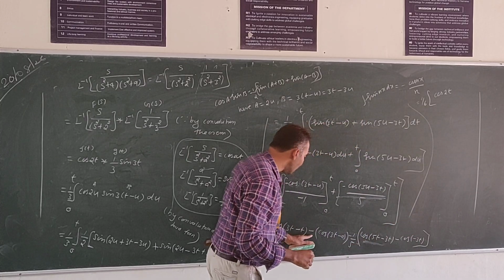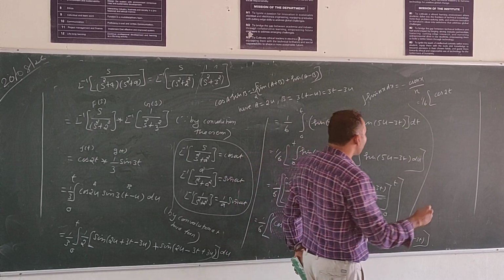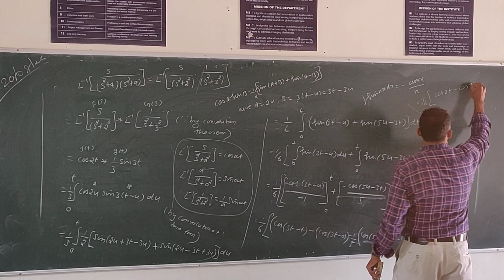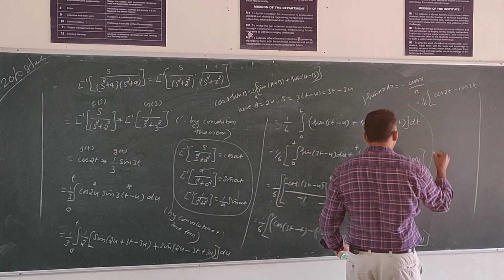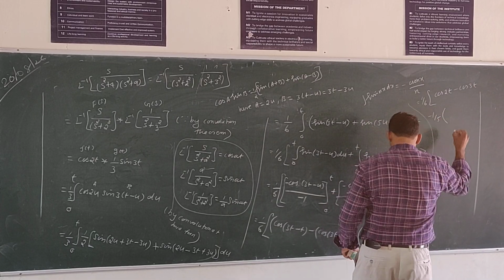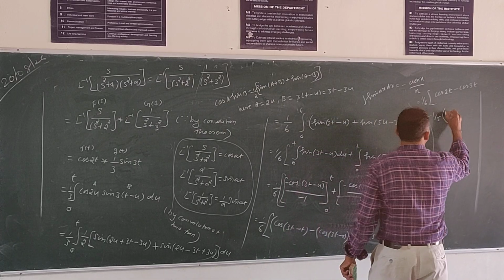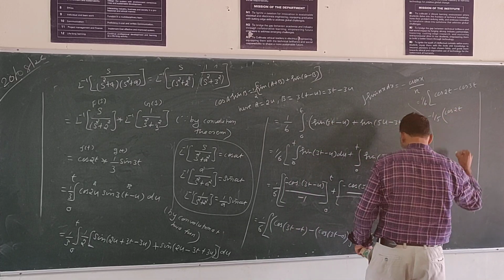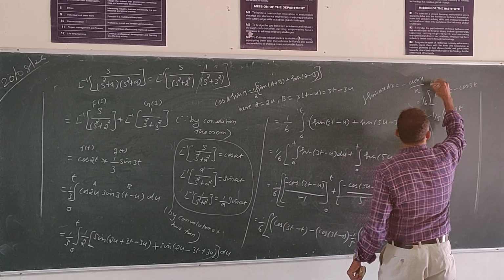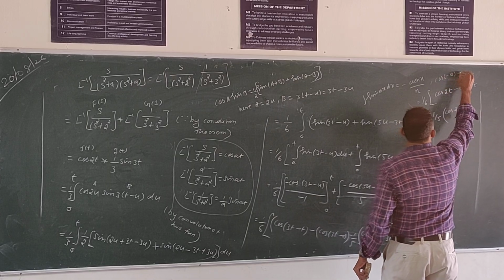Next, minus cos 3t. Then minus 1/5 times cos(5t minus 3t), which is 2t, cos 2t.